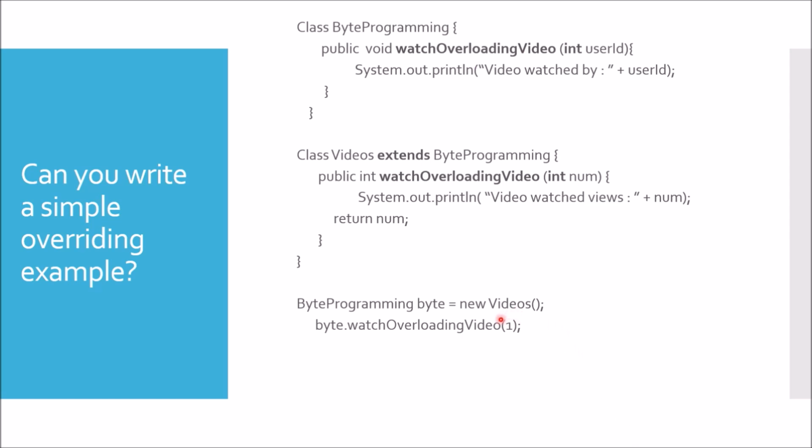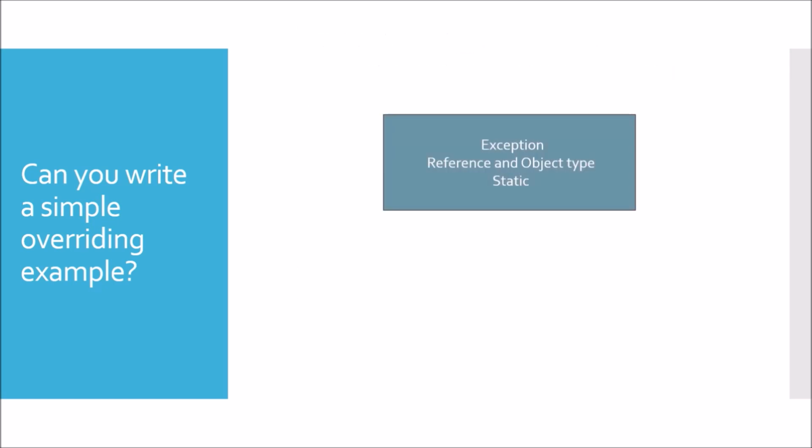When you pass this, remember that you are creating an object of the child class and the reference type is of the parent. Now this is a very simple example that a candidate would write. In order to twist, just like we did in overloading, the interviewer could relate this overriding example with exceptions, reference and object type, and static.